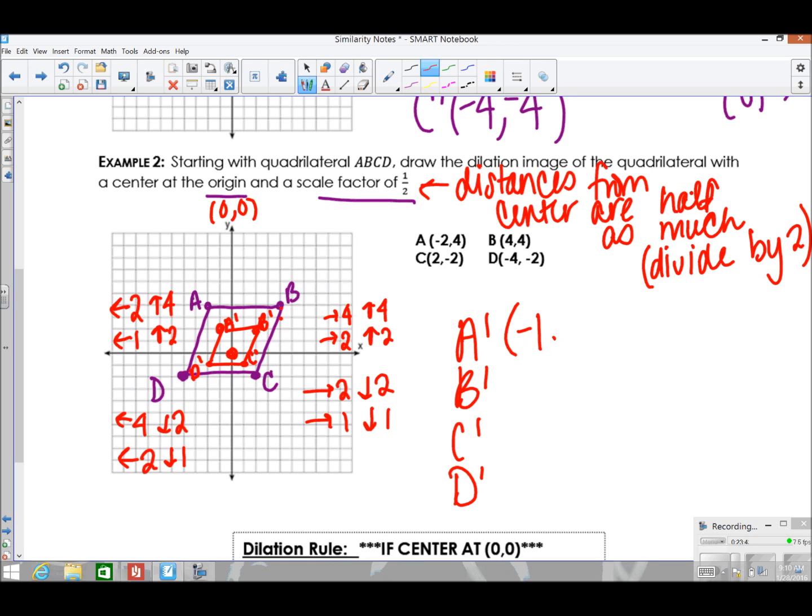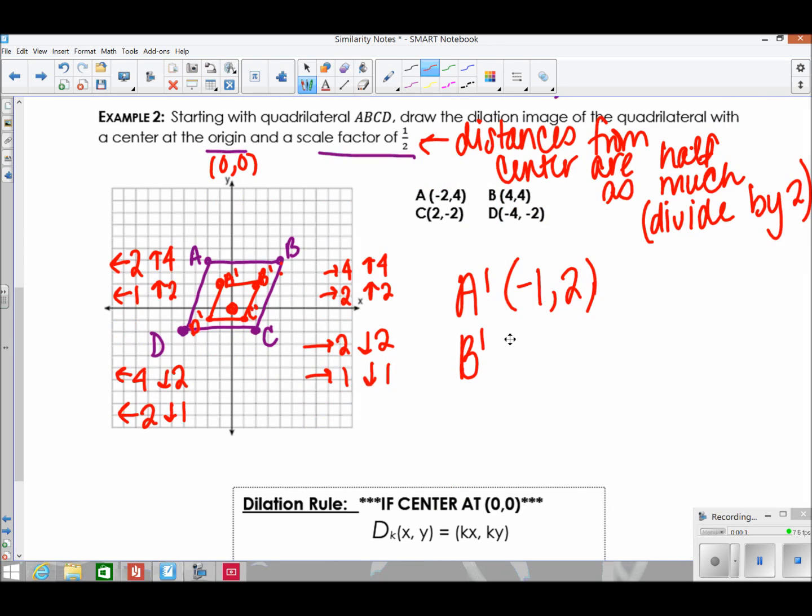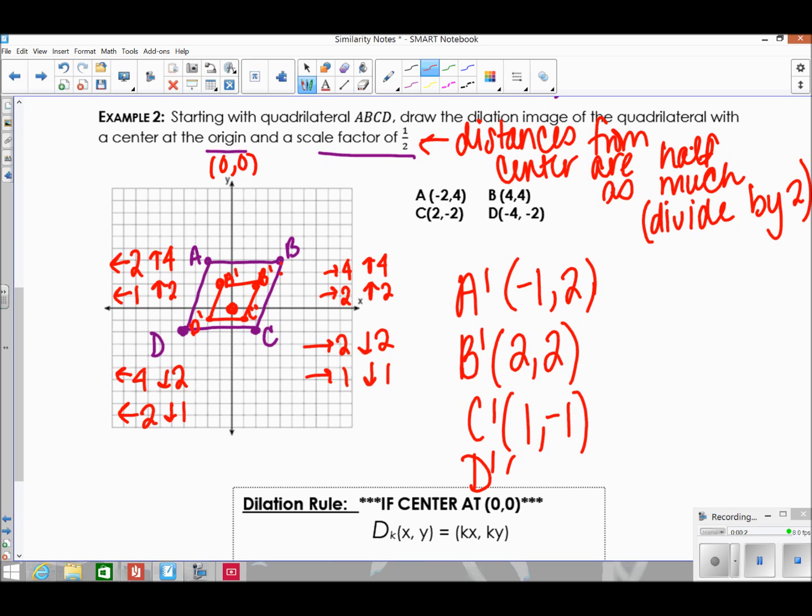So B prime is going to be 2, 2. C prime will be 1, -1, and D prime is going to be -2, -1. So if you look, again, the rule, really what I did here was I just divided everything by 2.